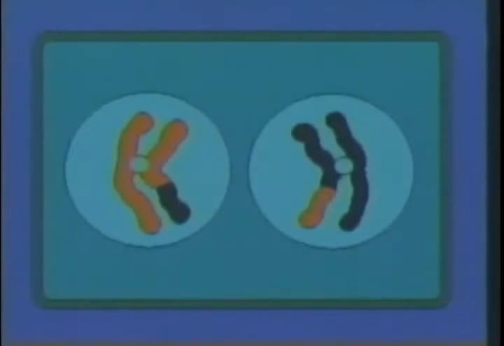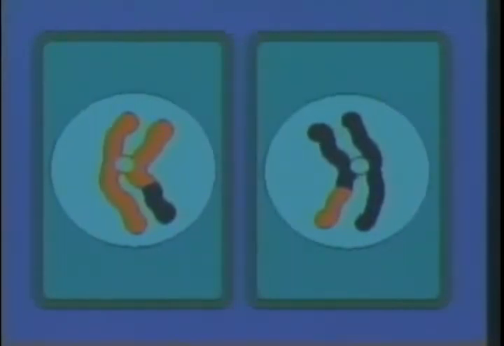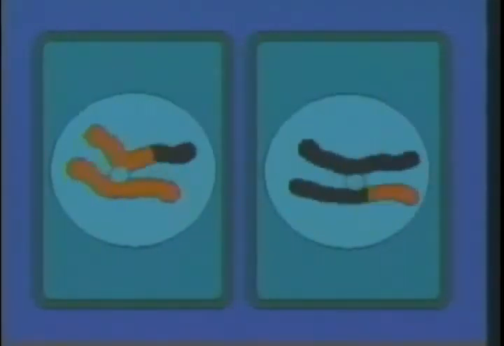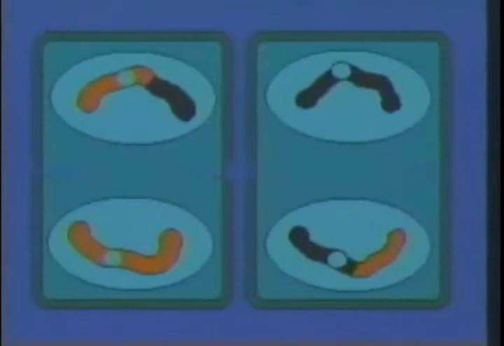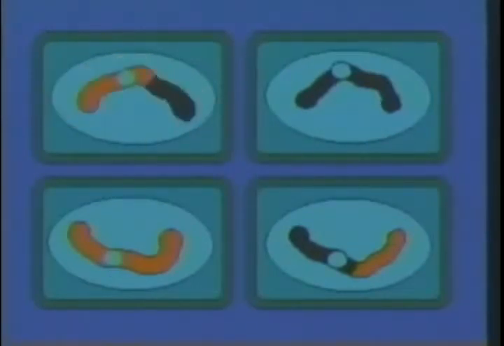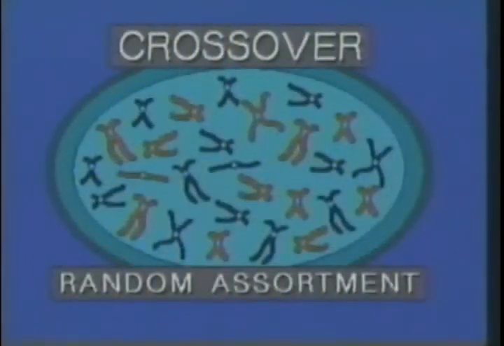What is important as we watch the cell perform its choreography is the net result of the crossover. Not 2, but 4 distinct haploids, even more variation. Crossover and random assortment produce mind-boggling variation.